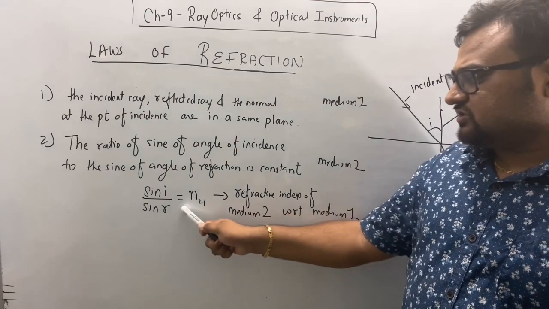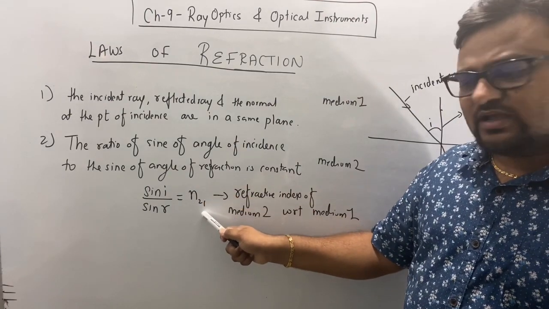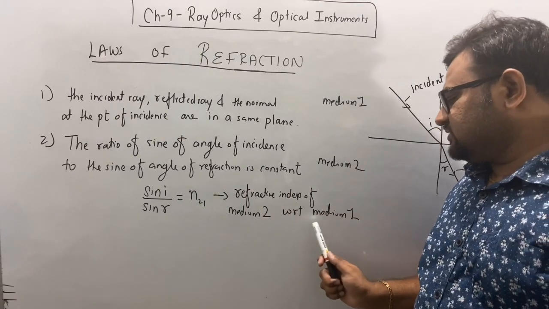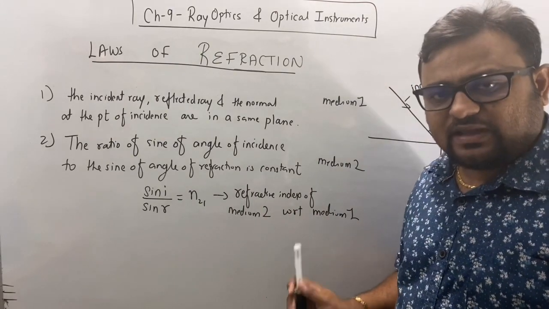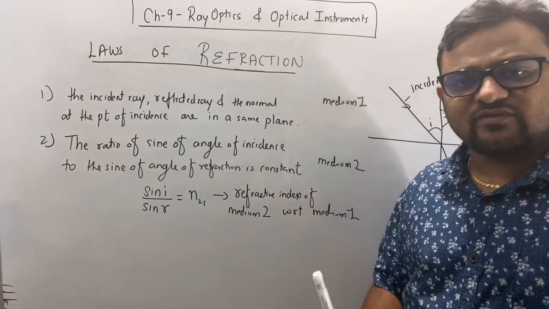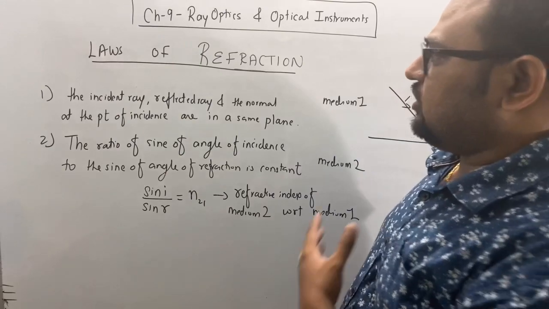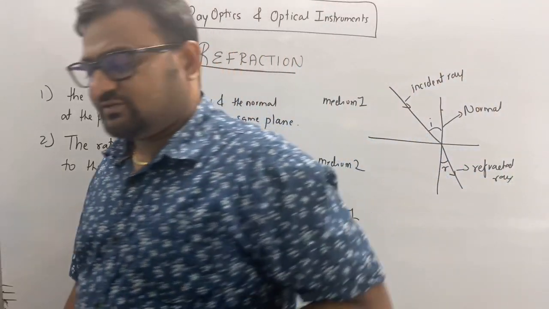And this constant is n21, where n21 is the refractive index of medium 2 with respect to medium 1. Remember, n is the symbol of refractive index. So just go through the topic of laws of refraction.